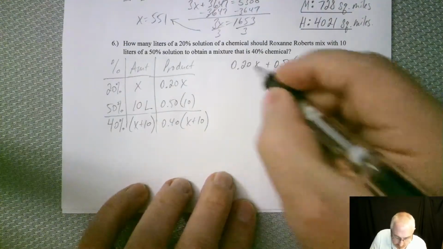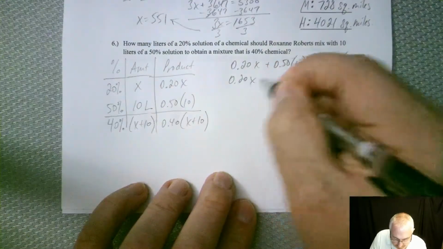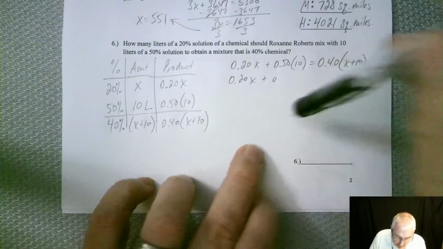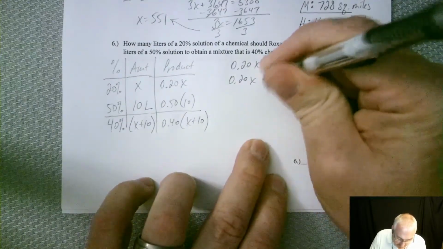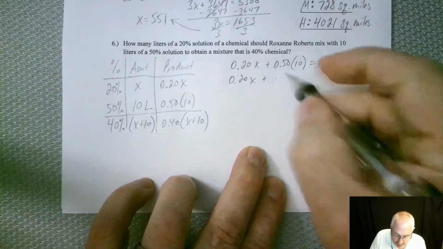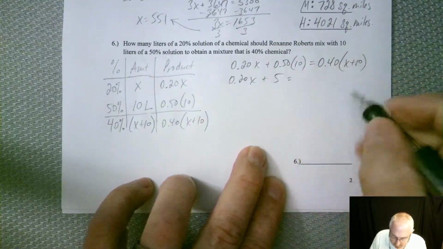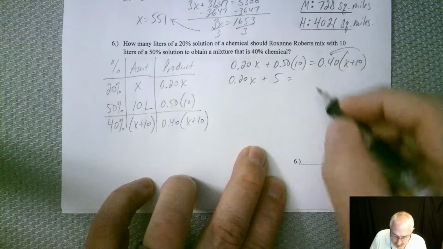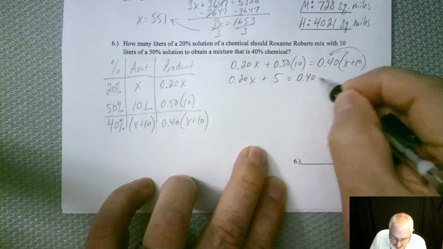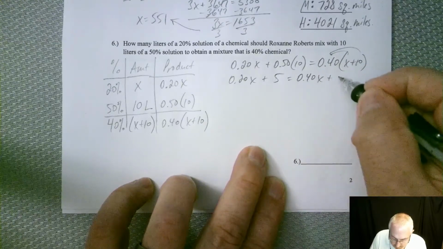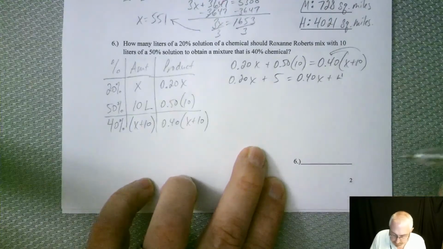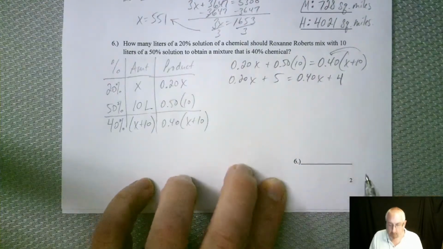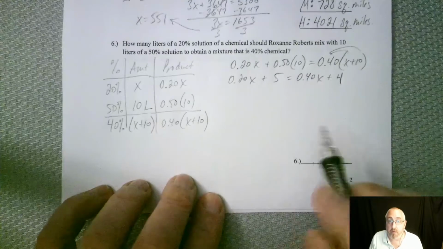So let's get rid of those parentheses to start. And if I multiply 0.50 times 10, I better get 5. And now this one I should distribute. Okay, so we've distributed.